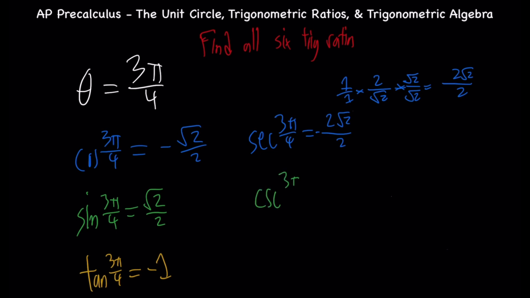Then you have cosecant, which is pretty much the same thing, except no negative sign, because sine is not negative. You have cotangent, which is just negative 1. Kind of the same as tangent, because these two values are equal to one another, and it's kind of the same thing if you just do the math.